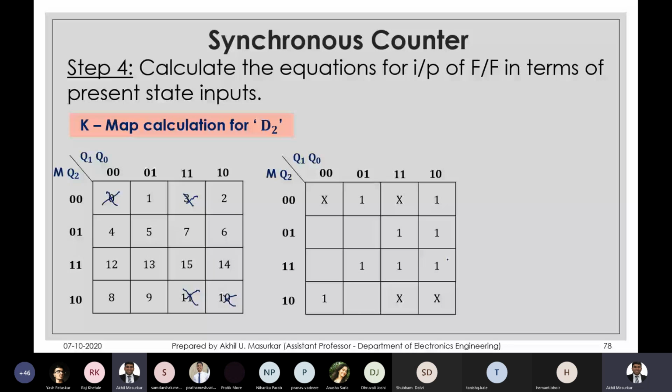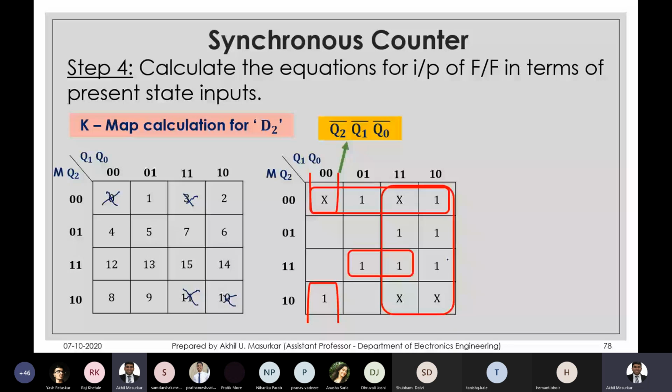Okay, so this is one pair, octet, quad, pair. So there are two pairs, one quad and one octet. So the pairs will give you Q2 bar, Q1 bar, Q0. The quad will give you only two terms, M bar, Q2 bar.